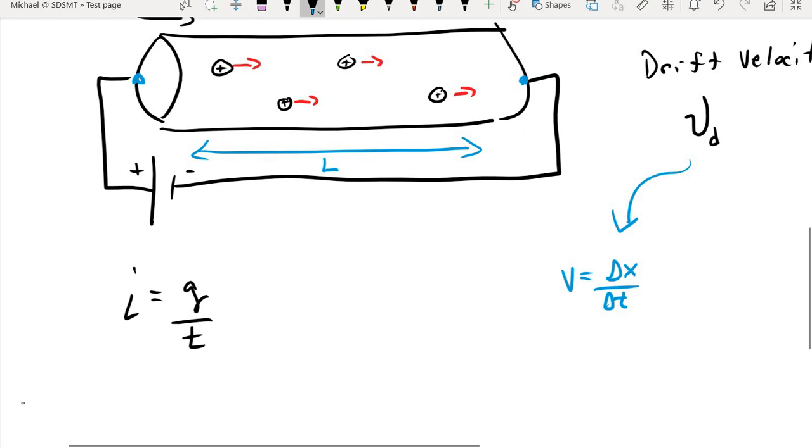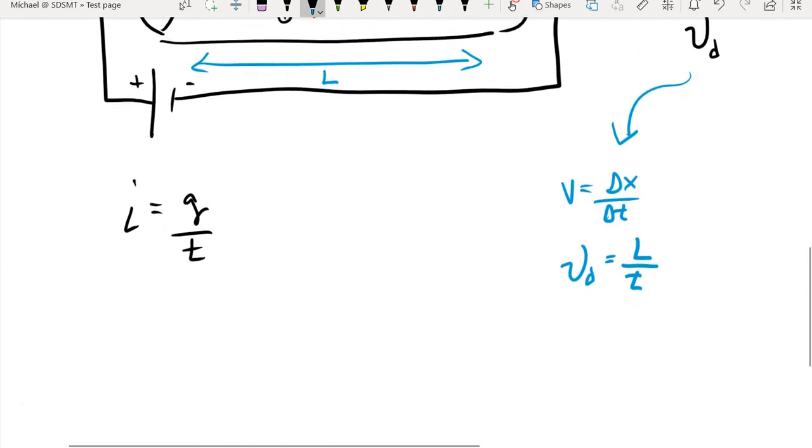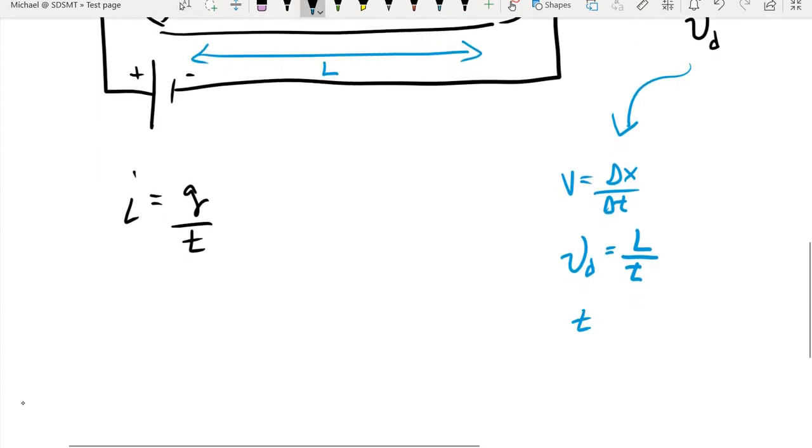Well, in our case, we're looking for drift velocity, but how far do these charges have to drift? Well, they have to drift across the length of the conductor, and they have to do that in a certain amount of time, t. So we'll go ahead and use that as a substitution and bring that over to our current expression.